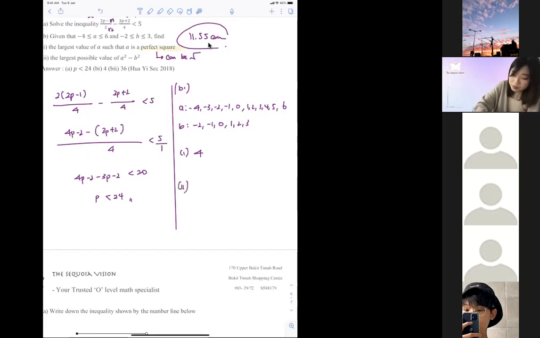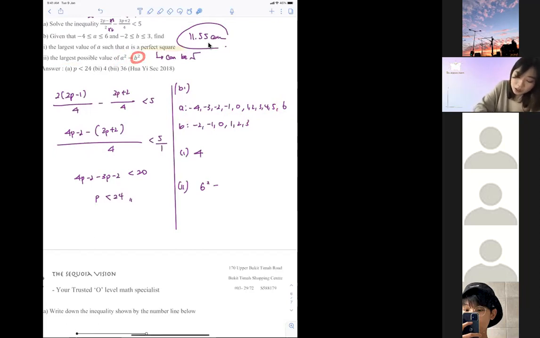Part 2, if you have something minus something, you want this to be as large as possible and you want this to be as small as possible to get the largest value. If you square any number, negative will become positive. So when you look at A, don't care about the minus, just look at the number which is the biggest. Just nice, the biggest is 6, so it will be 6 square.